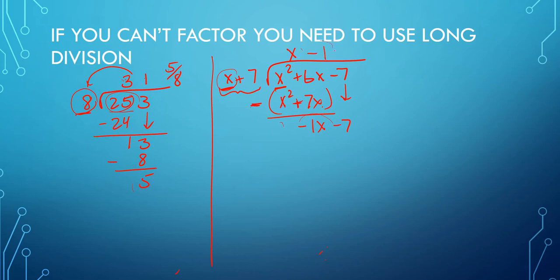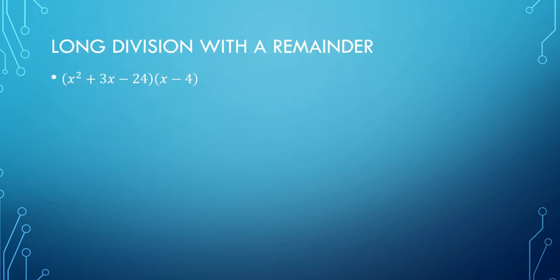That would be -1. -1 times all of this: -1 times x is -x, -1 times 7 is -7. If I subtract all of that, I have to change all my signs. I end up with 0, and my answer is x minus 1. I know this is confusing. We're going to do several. We'll do a couple more in class before I let you get started.